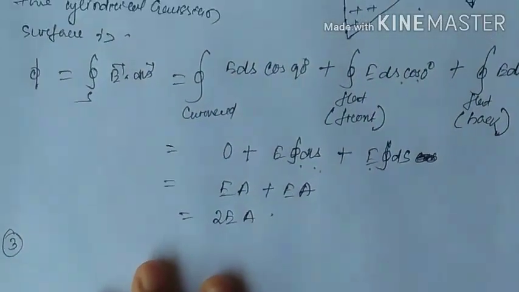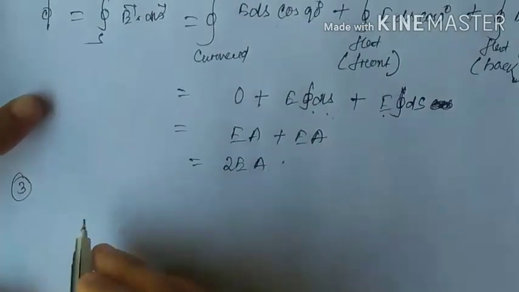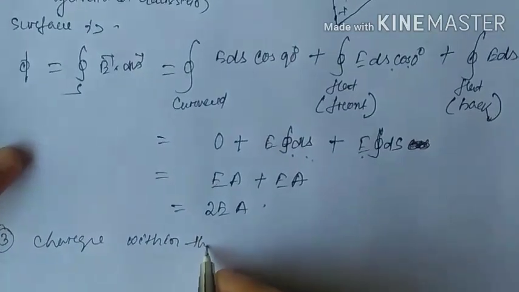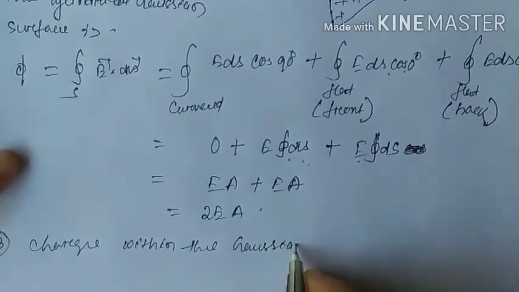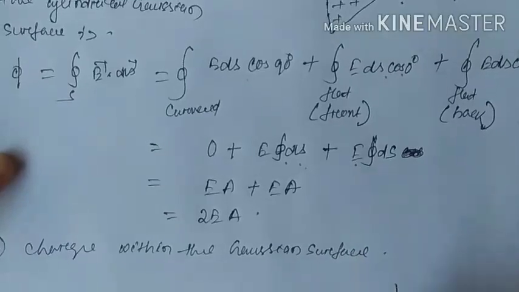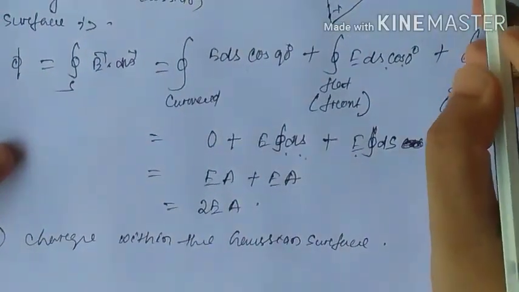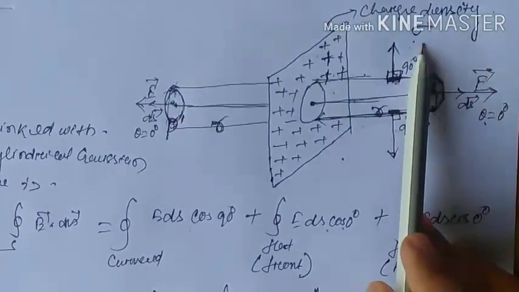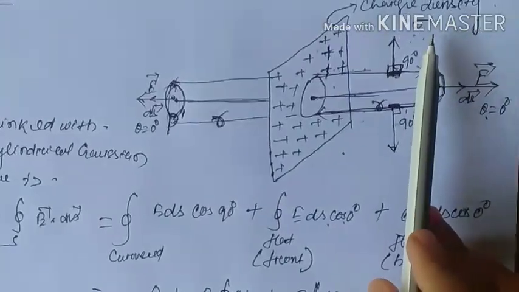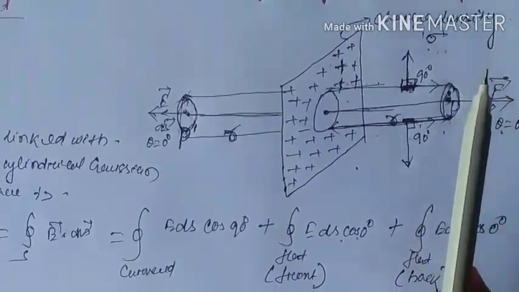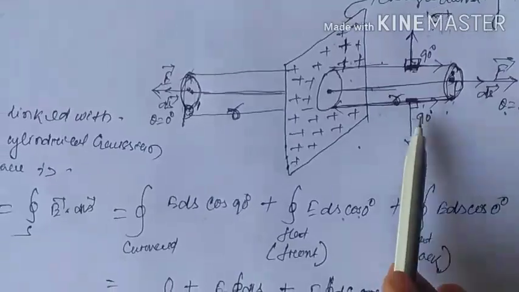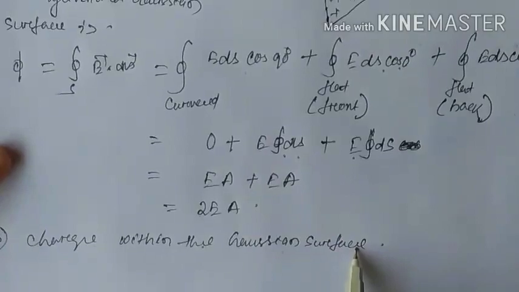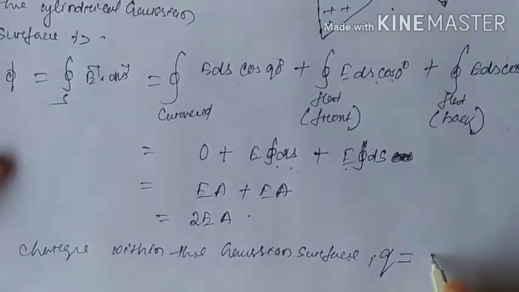Then the third step is to calculate the charge within the Gaussian surface. So the charge within the Gaussian surface, how much is it? If sigma is the charge density, what does it mean? The charge per unit area. Then it has total area A. So the total charge within the Gaussian surface Q, what can we write?